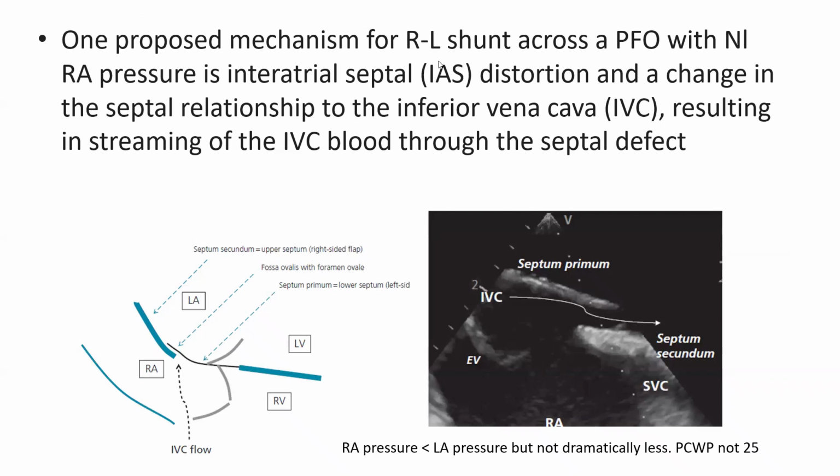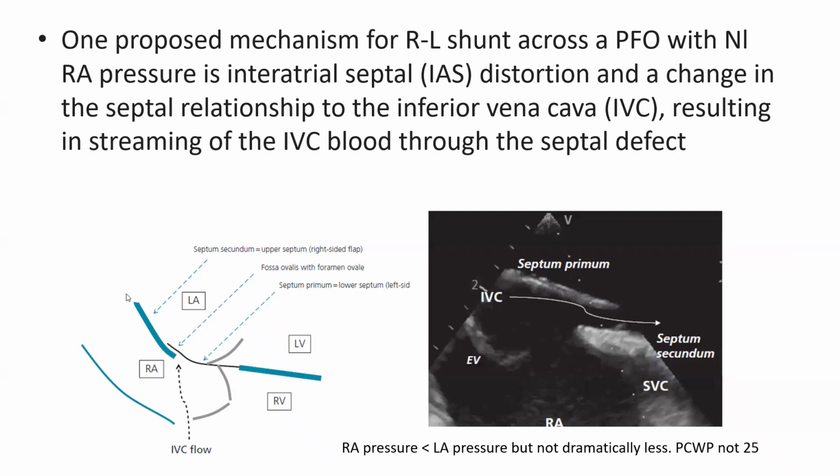And when can it happen that a simple benign PFO with normal hemodynamics causes a right to left shunt? One proposed mechanism for right to left shunt across a benign PFO with normal RA pressure is interatrial septal anatomical distortion and a change in the septal relationship to the inferior vena cava, resulting in streaming of the IVC blood through the septal defect. IVC flow goes normally posteriorly and superiorly.